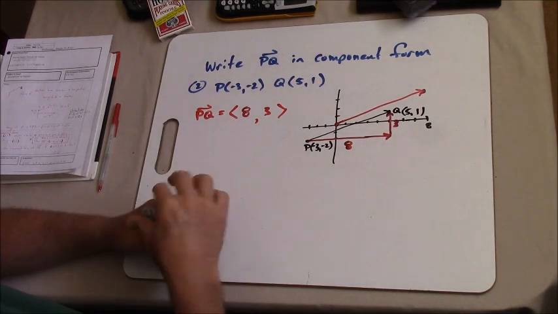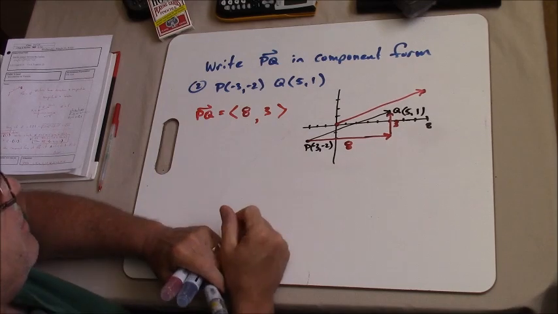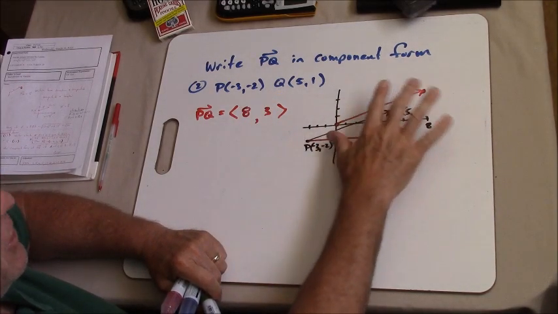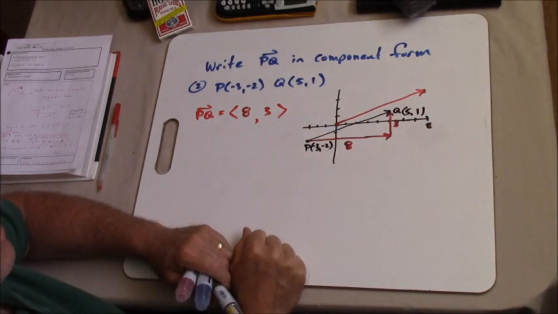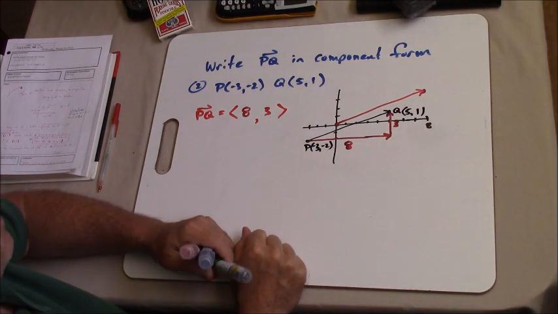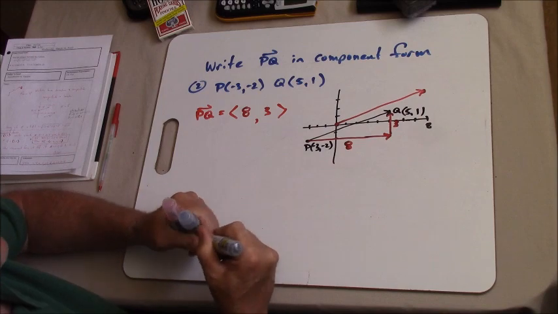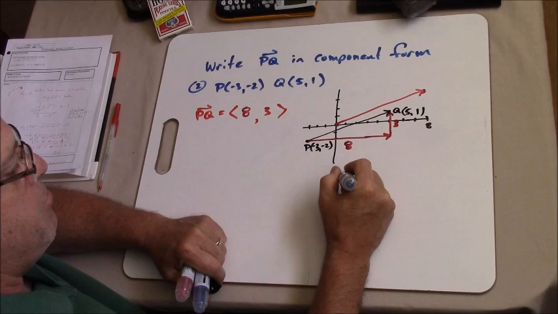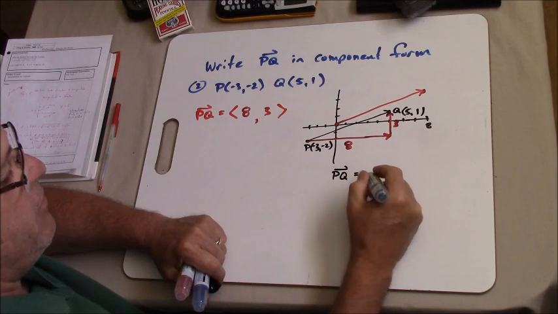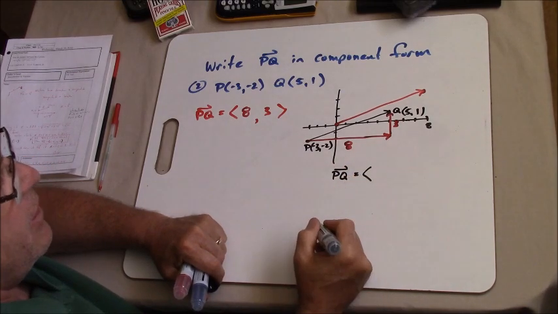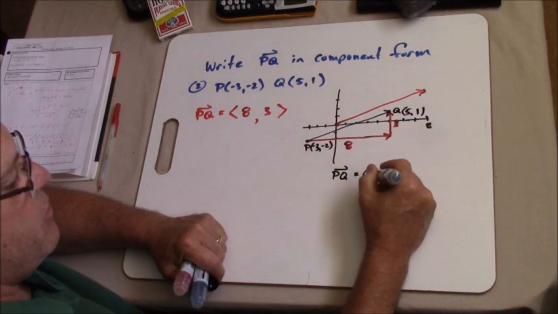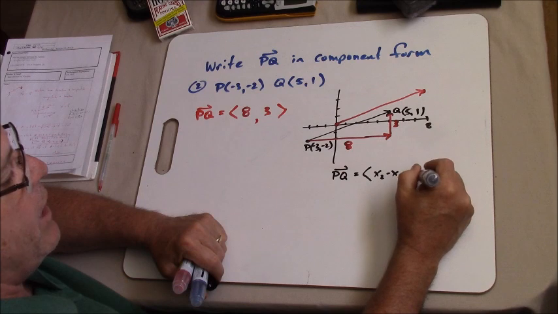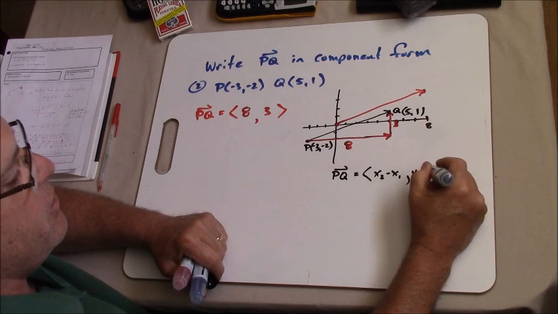Oh, I guess if I back up just for a second, could I have done this without this picture? And the answer is yes. The vector PQ in component form is equal to x2 minus x1, comma, y2 minus y1.